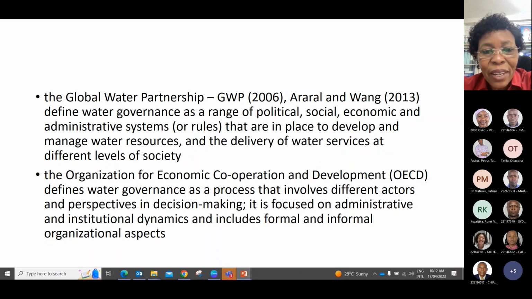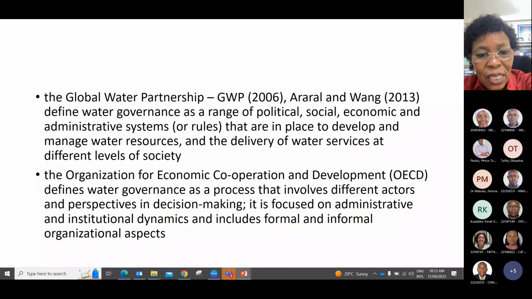So here in the GWP definition, the key words are political, social, economic, and administrative systems that are in place to develop and manage water resources and delivery of water services at different levels of society.